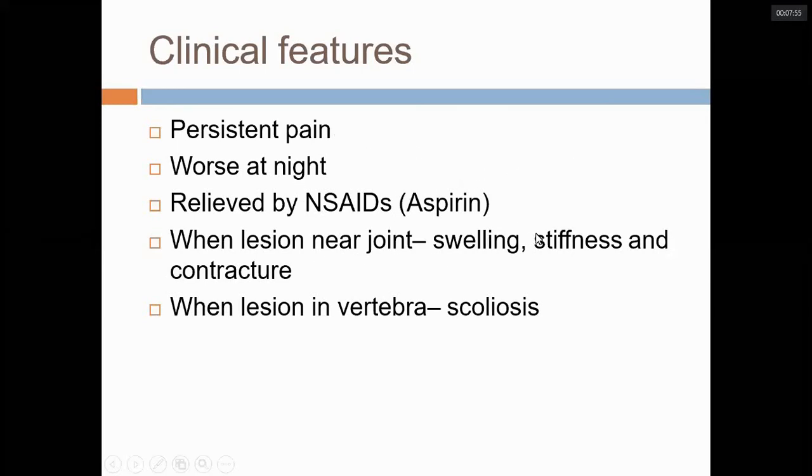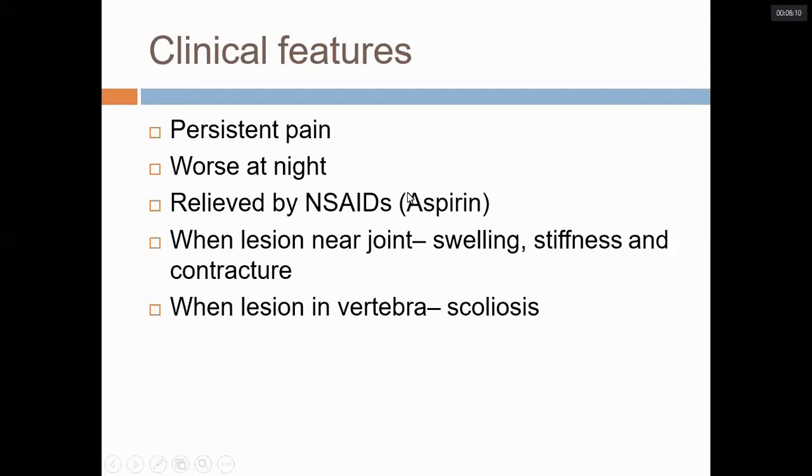Various theories have been postulated as to why osteoid osteoma causes pain at night and is relieved by aspirin. It is still under research and a matter of debate.